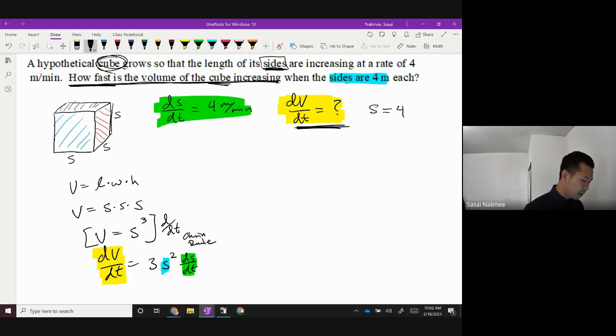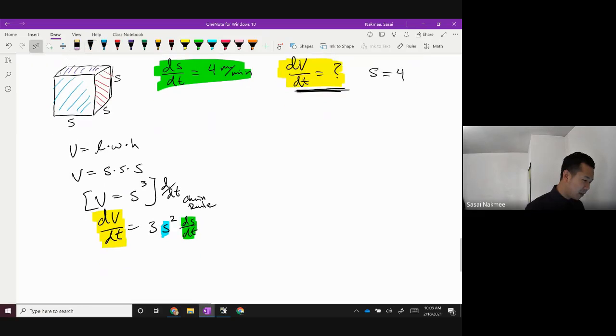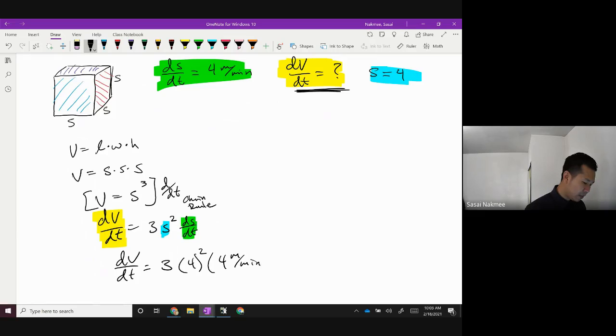So I have all these values here. I'm going to plug these into my equation so I can solve this. dv dt is going to equal 3 times s, which is 4, squared, right, times 4 meters per minute. Again, where did I get that from? 4 meters per minute comes from there.